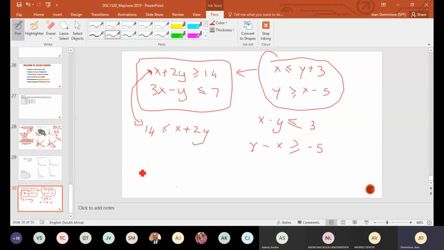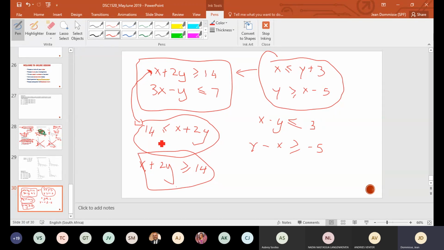If you rewrite this, it needs to be rewritten as that. So just remember that, so that you don't make the mistake where you have a smaller than and you move it across and now suddenly you keep it as smaller than or equal to, and then you make the wrong assumption when you need to look at the feasibility. So if I want to sneak in something like this tomorrow, just be careful.